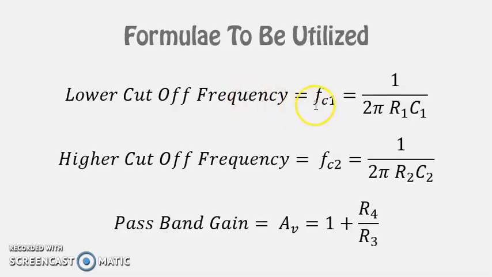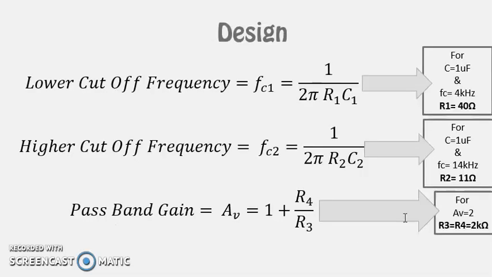Similarly, the higher cutoff frequency FC2 is given as 1 over 2 pi R2 C2, where R2 and C2 are the components of the constituent low pass filter. The pass band gain, as we discussed, is given by 1 plus R4 over R3. We'll make use of these formulas and the design considerations to design this active band pass filter.